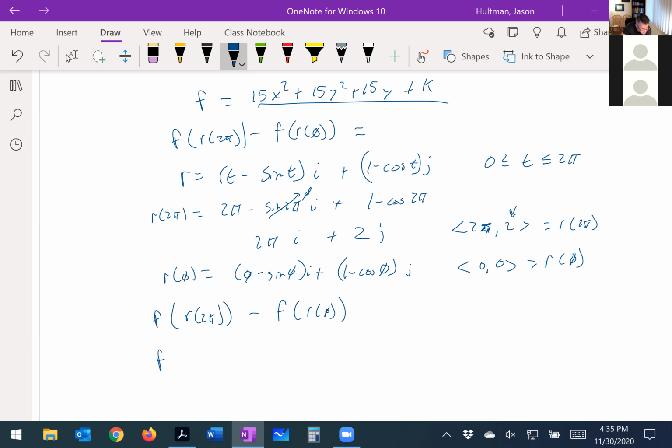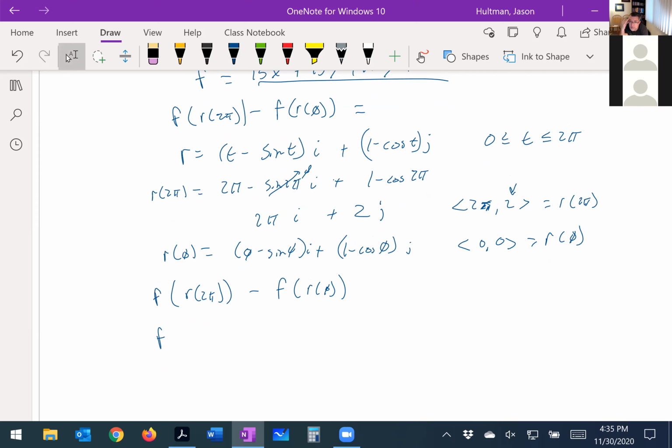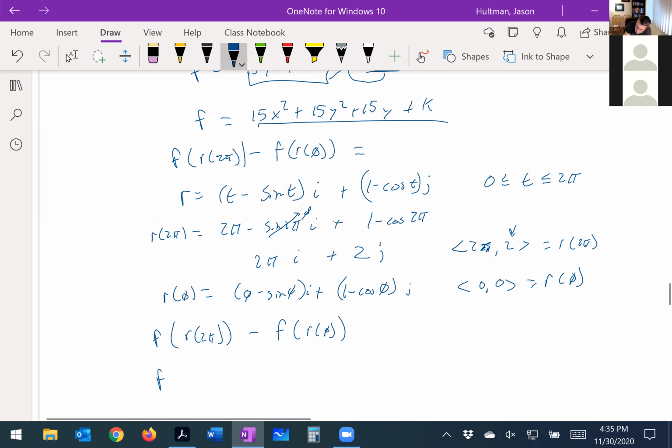Minus cosine. Well, let's just continue and we'll see if I can see my error. So what was F? F was this thing, right? So 15x.